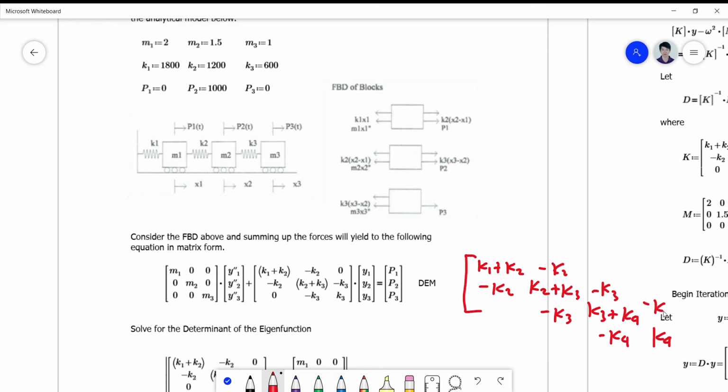Of course, the pattern involved here is only good for regular modeling such as this one here.